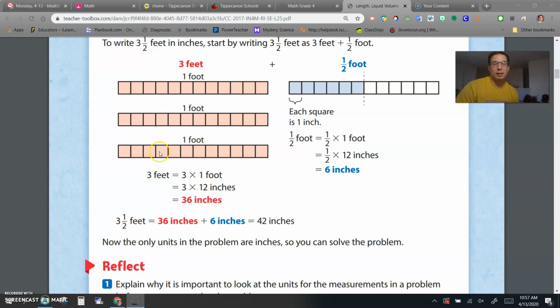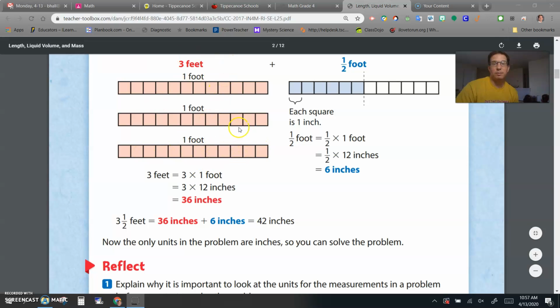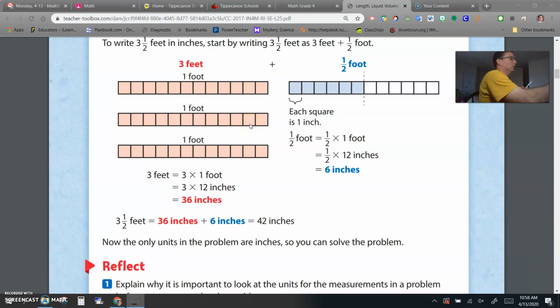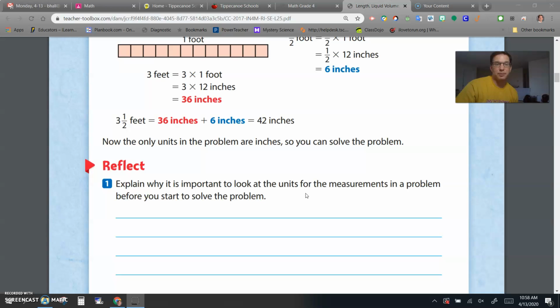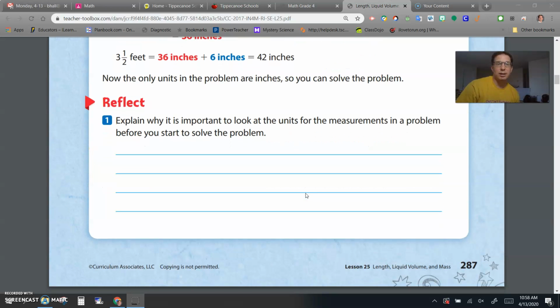Then you can count the blocks, and there are 36 blocks in 3 feet. And there are 6 inches in 1/2 of a foot, for 42 inches. So go ahead, hit pause, and do the reflection. And then when you get back, we will go over it.